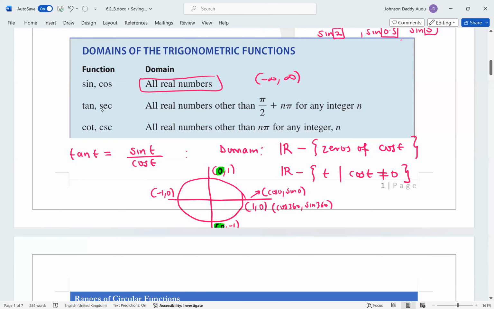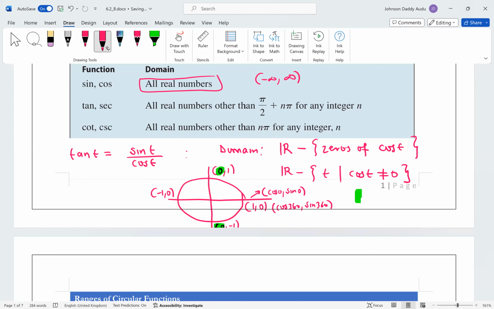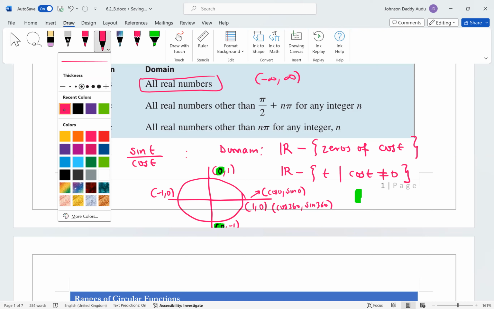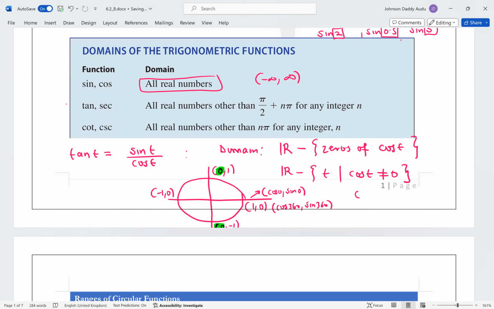So what it simply means is that when we say cosine t is not equal to 0, it means that t should not be pi over 2, right? Because if t is pi over 2, this is cosine.